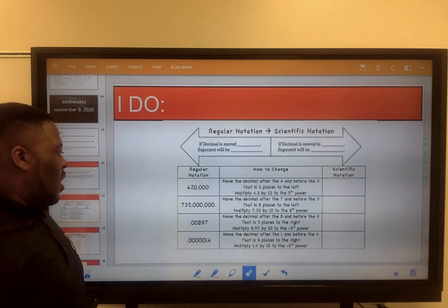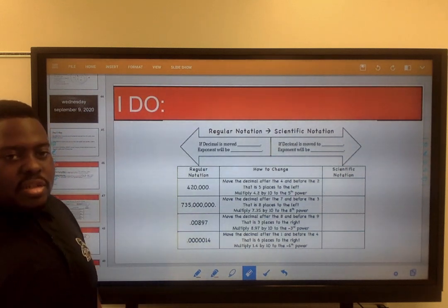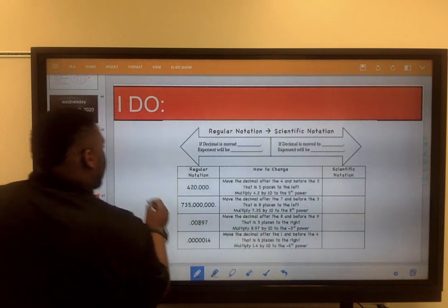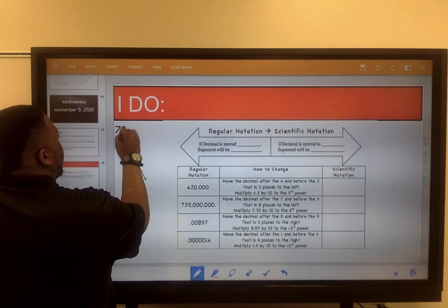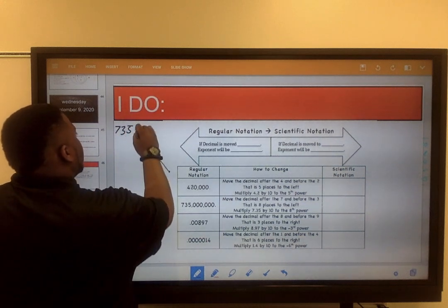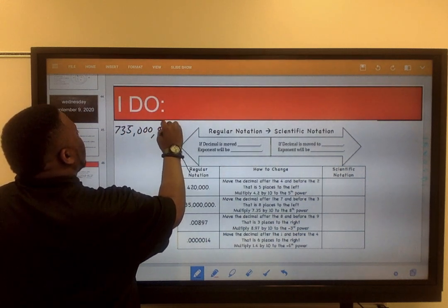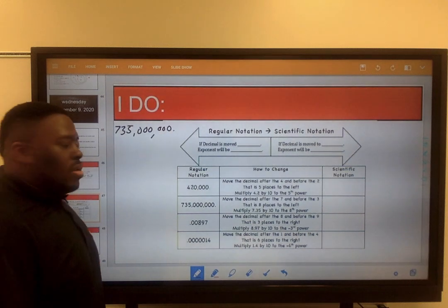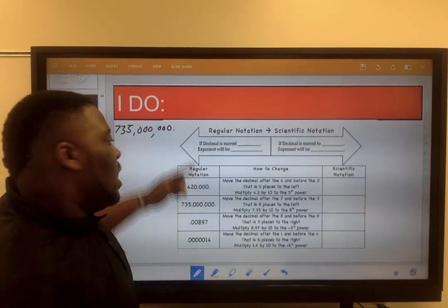Let's go ahead and do the next two. I'll do the next two for you real quick. This is the I do. So we have this number right here. Notice that the decimal is at the end. So now we have to move what way? To the left.